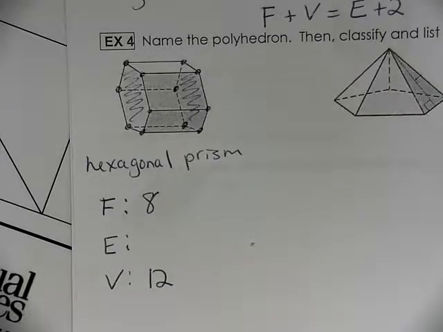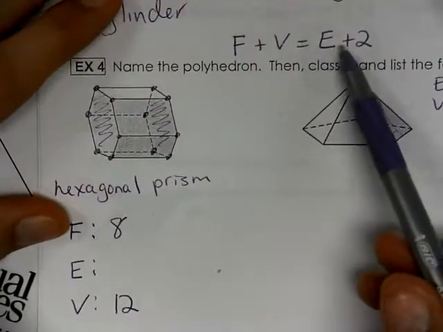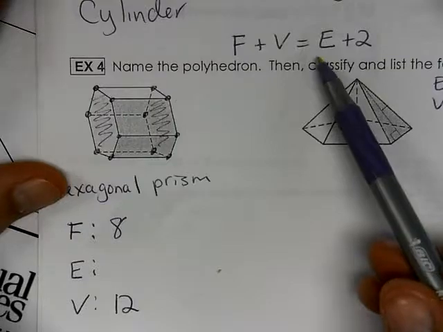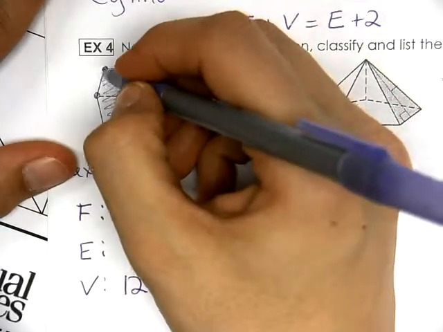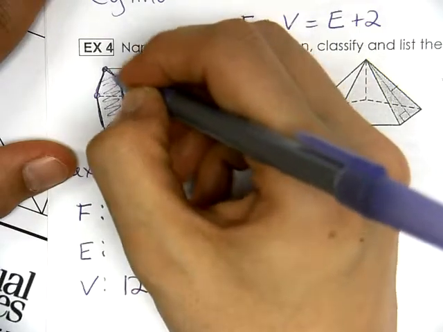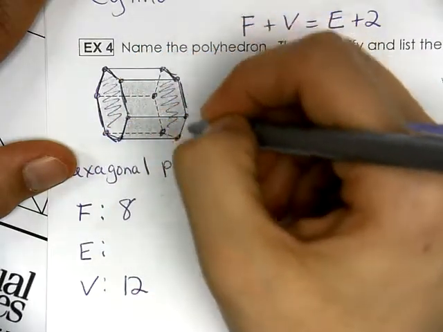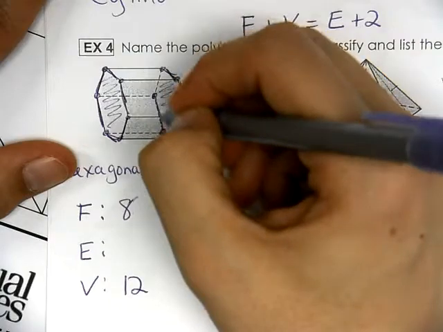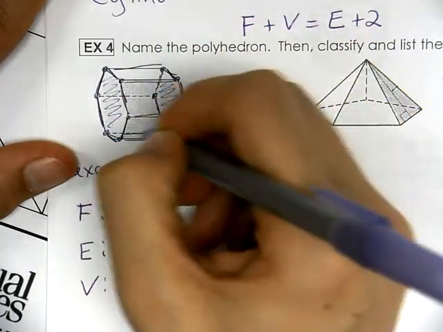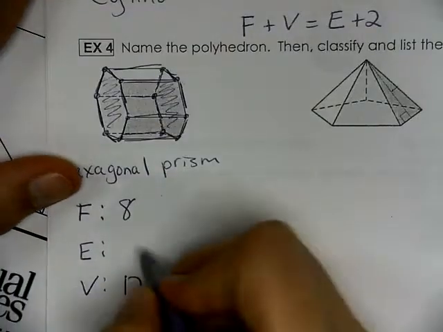Now, if you want to count the edges, you can, or we can use this formula. If you want to count, you got to go 1, 2, 3, 4, 5, 6, 7, 8, 9, 10, 11, 12, 13, 14, 15, 16, 17, 18.